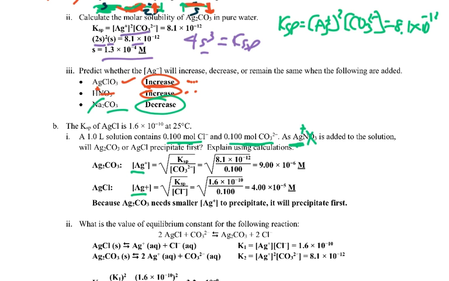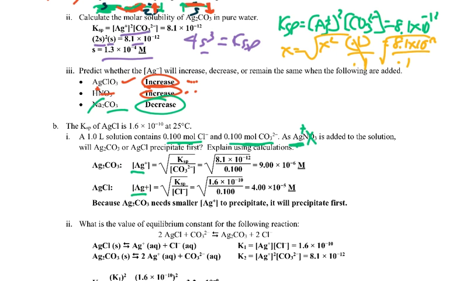So we're saying that we want this silver, but we know that the carbonate, it says here, is 0.1. So if I put 0.1 in here, equals 8.1 times 10 to the minus 12, then I want to find x squared. So I'm going to divide both sides by 0.1, and then take the square root of both sides.